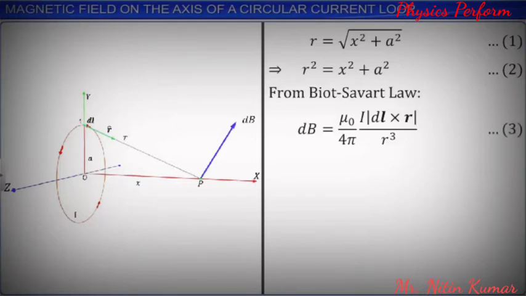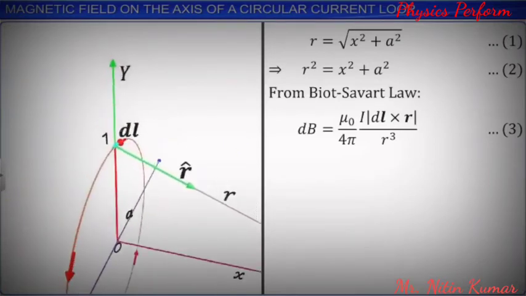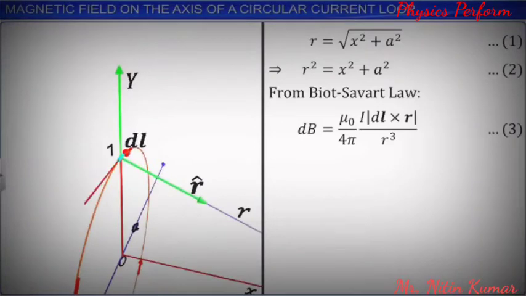As the circular loop is symmetric about its axis, even if we consider the small element of the conductor at any other point on the loop, the length of the element dl will always be perpendicular to the displacement vector r at that location. The magnitude of dl cross r is equal to dlr sin theta, where theta is the angle between dl and r.